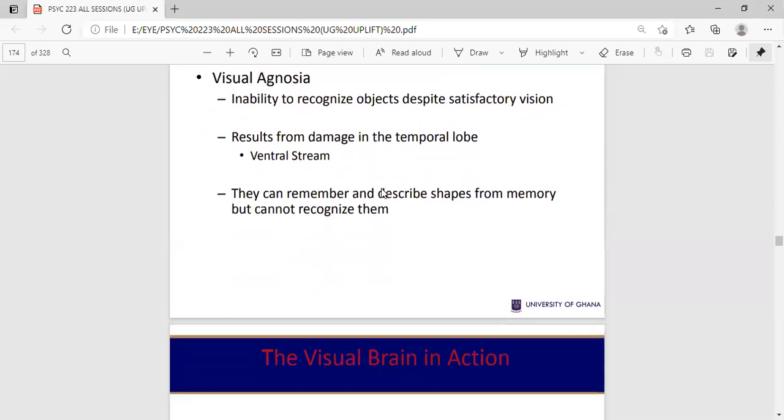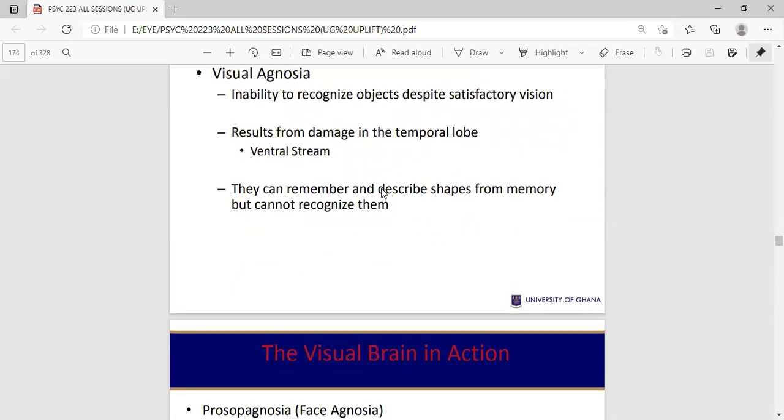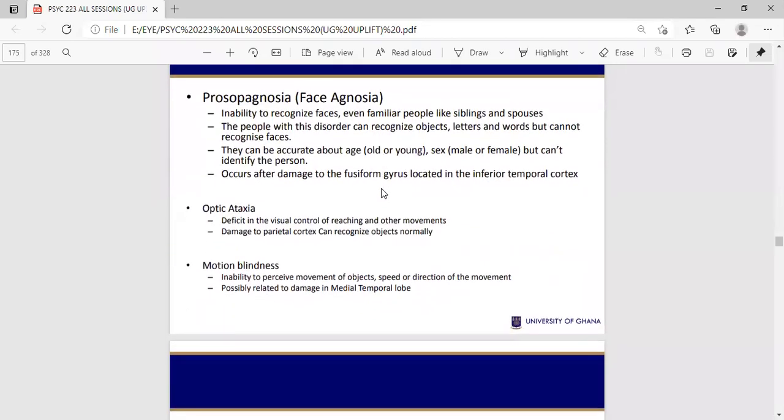Good. We have a typical disorder for that. Sometimes we call it face blindness, or we use a technical name, prosopagnosia. When there's damage within the temporal lobe, the moment information gets to the area V1, it wouldn't be able to go to the area within the temporal lobe for recognition.